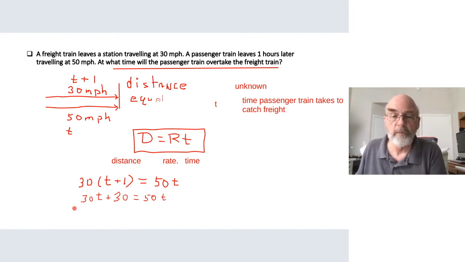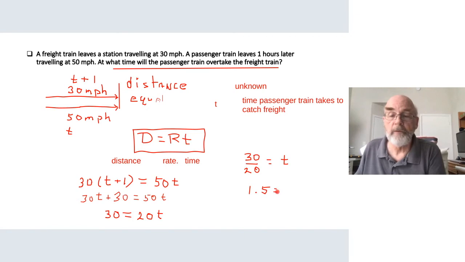So we know that we're going to subtract 30 from both sides, which is going to give us 30 equals 20t. And then, of course, what are we going to do next? Divide by 20. And we get t is equal to 30 divided by 20, which is 3/2 or 1.5.